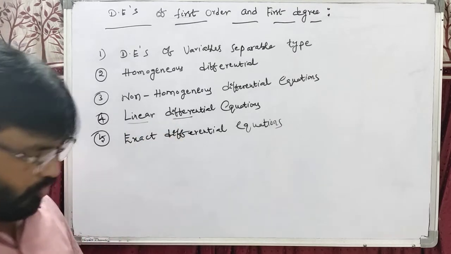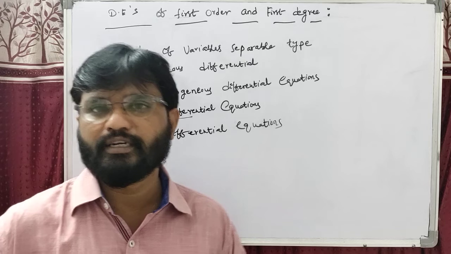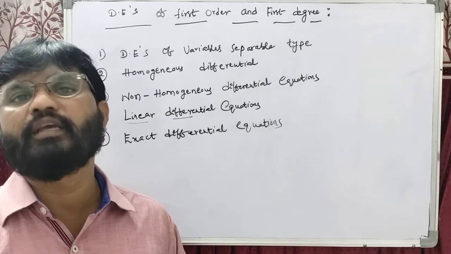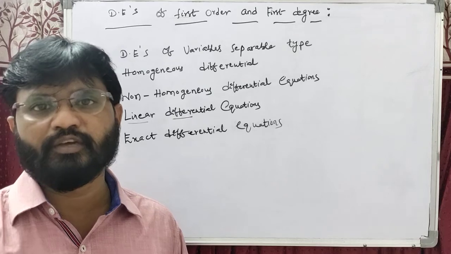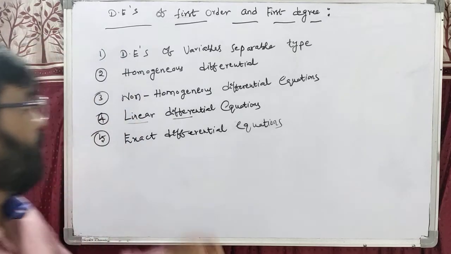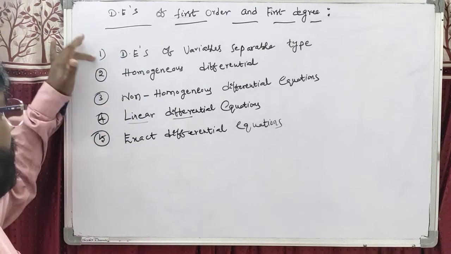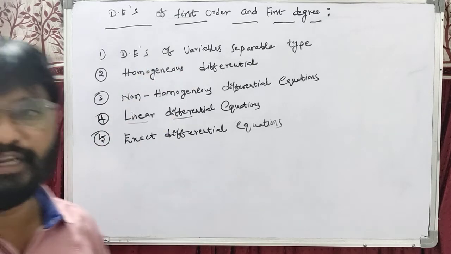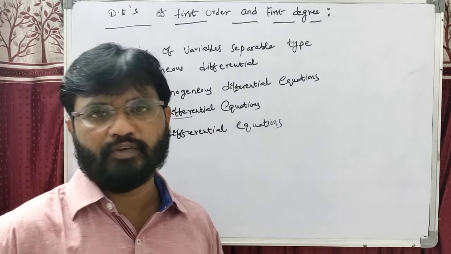and also homogeneous. Dear students, when a differential equation is given, it is mainly classified into 5 types: 1, 2, 3, 4, 5. These are all first degree and first order differential equations.